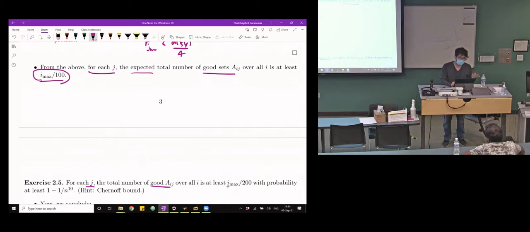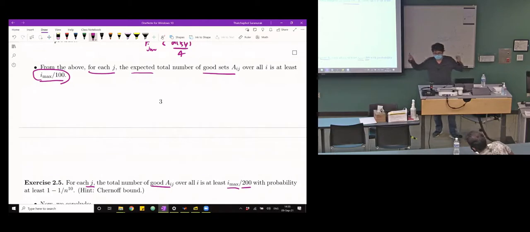That is, the total number of good sets should be at least I max over 200 with very high probability. And this is true because the Chernoff bound can kick in when you have something like log n events. And if you have log n events, and each of them are independent, then the count will be close to its expectation with a very good concentration. Yeah.